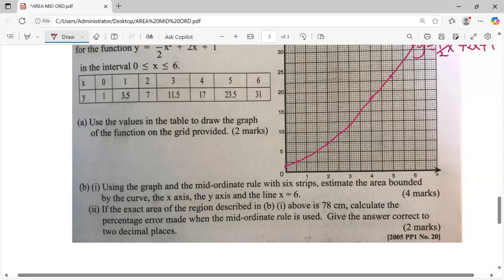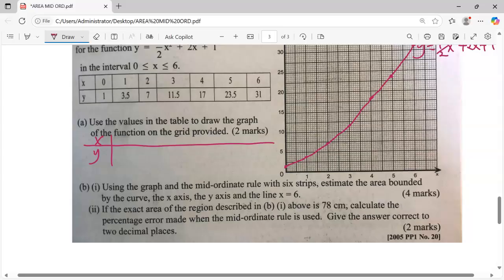Since this is the mid-ordinate rule, we are going to make a table having the values of x and y again, so that we can get the ordinates that we are going to use to calculate the area. We are going to have the value of x between 0 and 1.